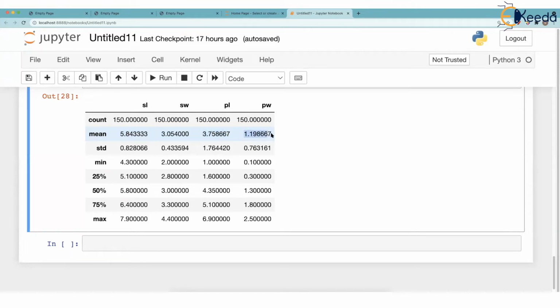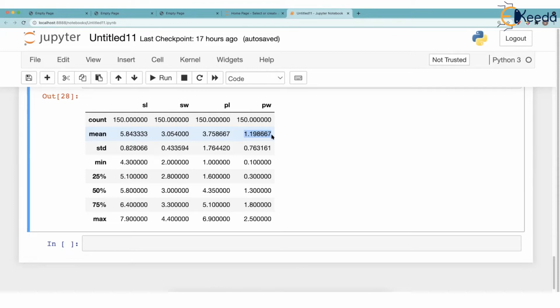But look at petal width, how informational this row is. By looking at the mean of petal width, you immediately come to know that all petal widths are very small. This is about 150 flowers. You added everything and divided it by 150.